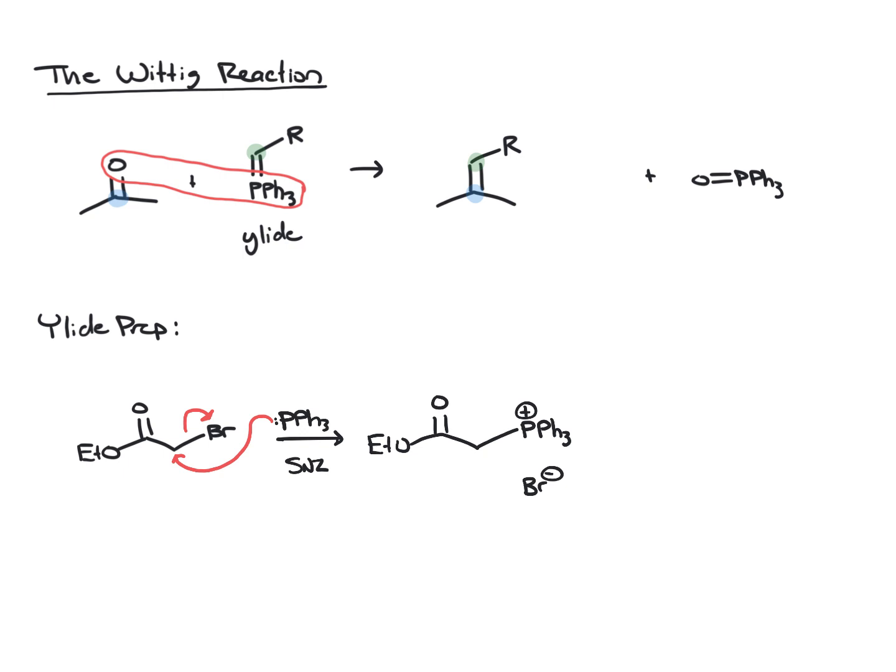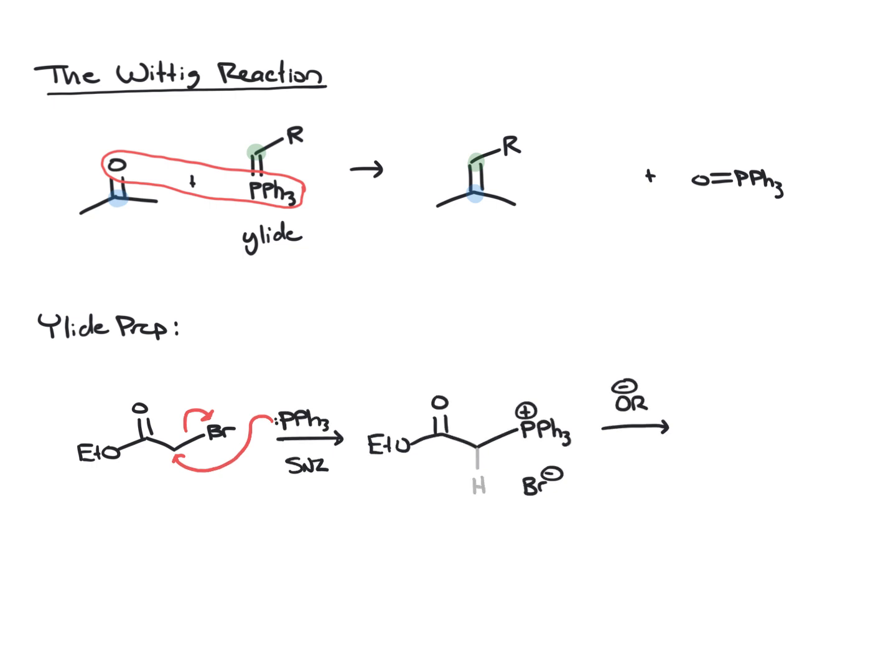To get to the ylide, you have to add a base. There's various bases that can be used here. A common base is butyl lithium, or it could just be some alkoxide base. What that does is it deprotonates one of the alpha protons in this molecule. So let me just draw one in.